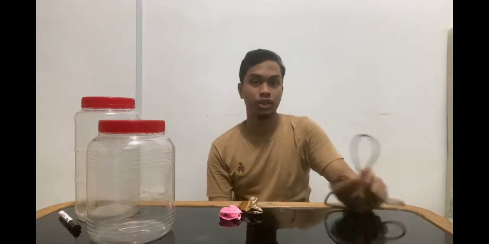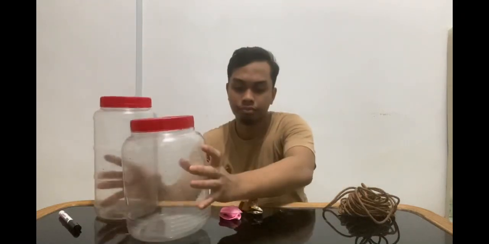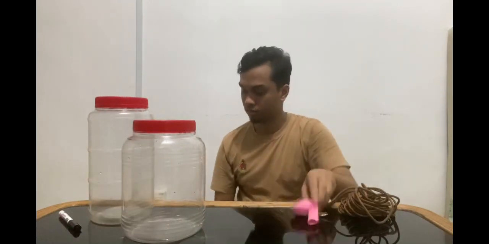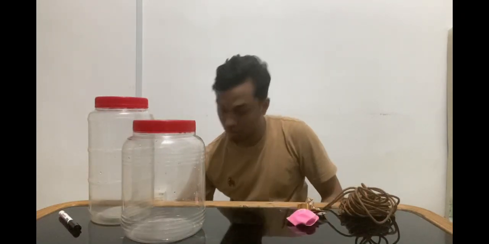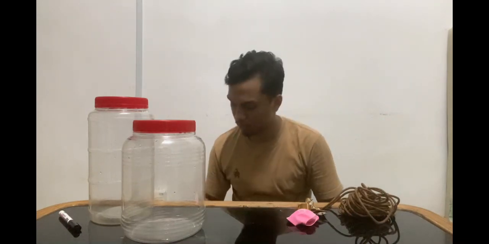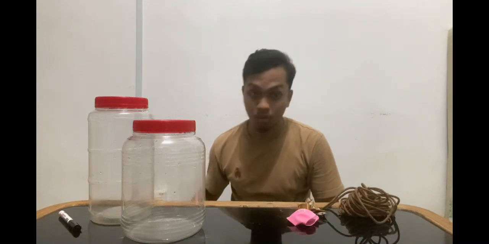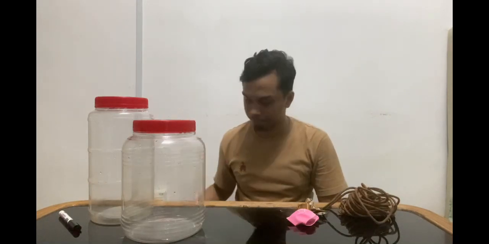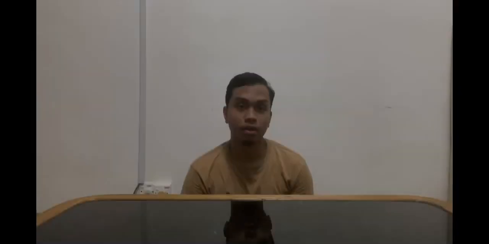So for the next part, part B, we need a tray, 2 containers, balloon, a cup of cold water, and a cup of hot water. First of all, we need to blow a balloon and measure it with a thread.